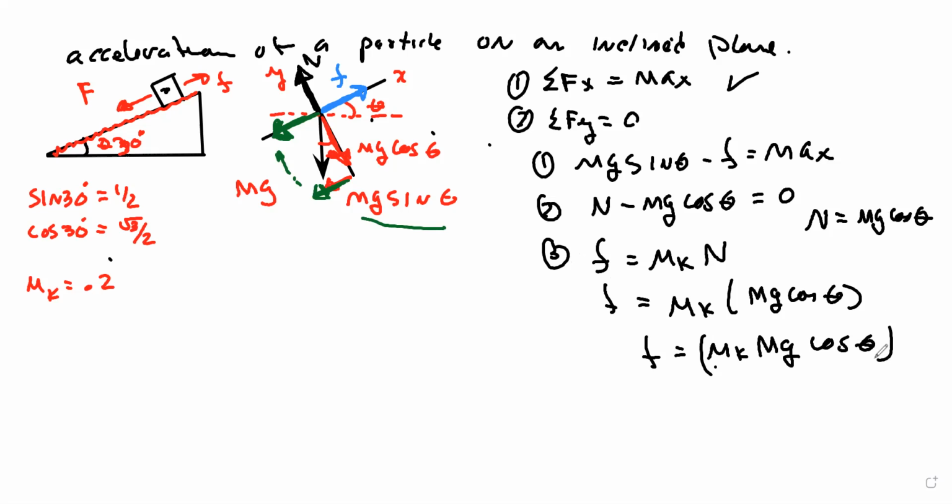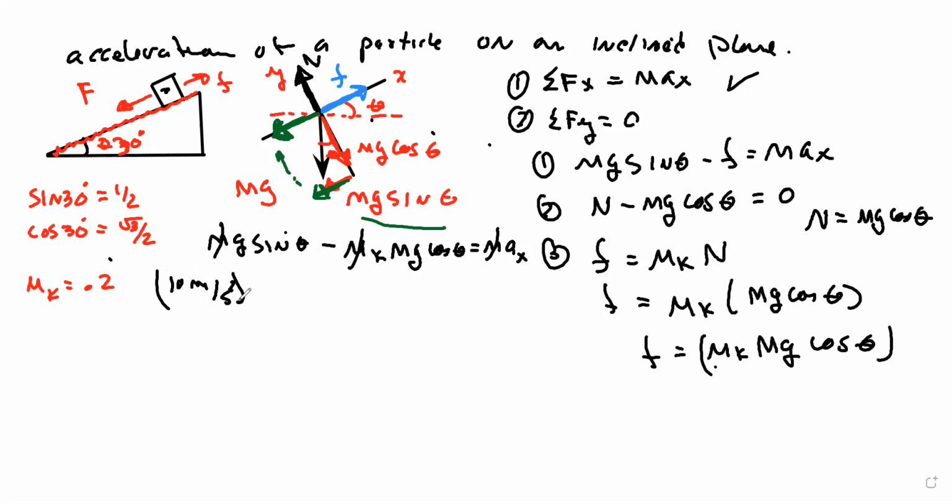So let's go to the first equation, and we have mg sine of theta minus the friction, which is mu k mg cosine of theta, and that's equal to the mass times acceleration in the x direction. And we can cancel the masses. So what do we have? We have that g, which is going to be 10 meters over second squared.